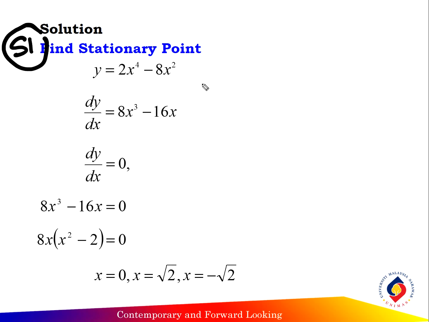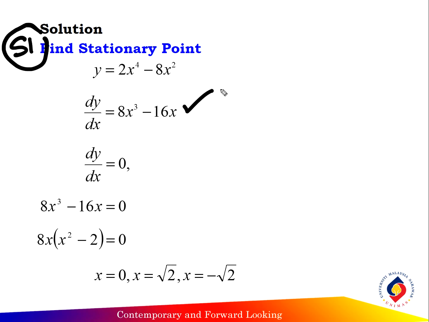Given the quartic function y equals 2x to the power 4 minus 8x squared, you find the first derivative of the quartic function, which equals 8x cubed minus 16x.